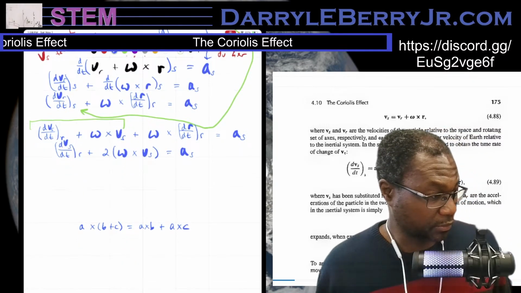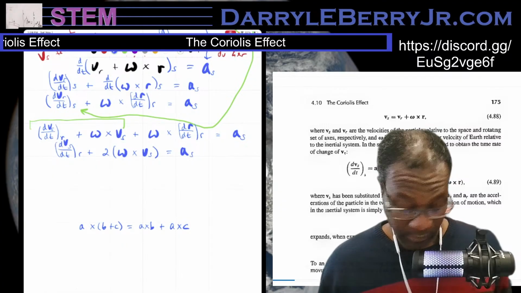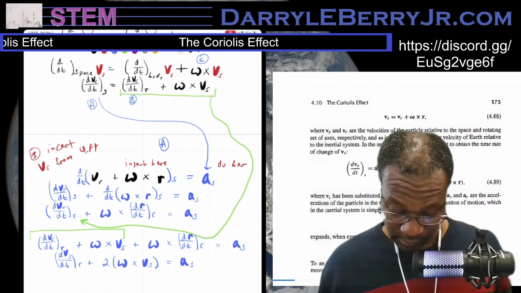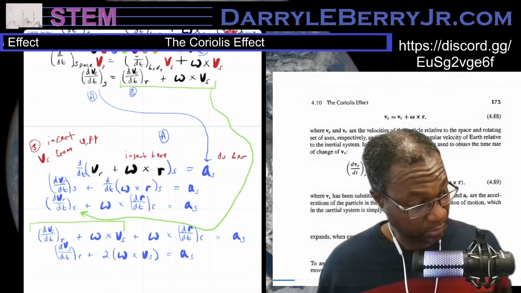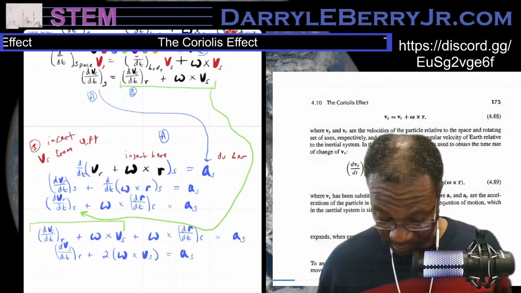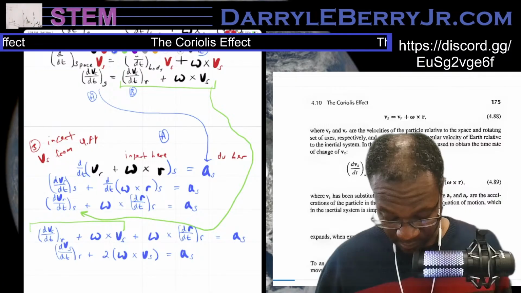And this is closer to what the book has. But this also equals the other side there.